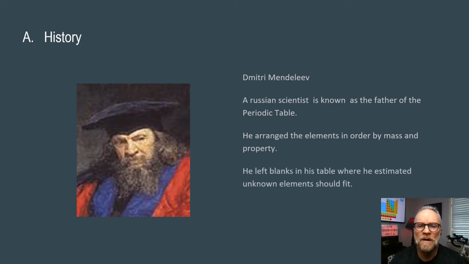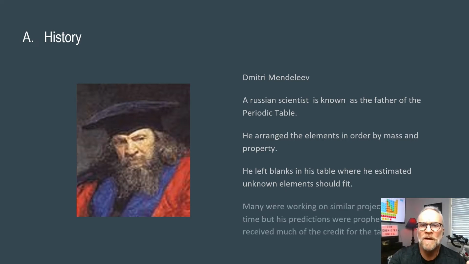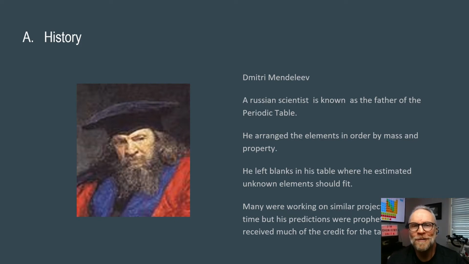So here it says he left blanks in his table where he estimated unknown elements to be. And of course later on they found those elements. And so, behold the turtle. He only makes progress when he sticks his neck out. And so this was a kind of a risky type of deal for Mendeleev.